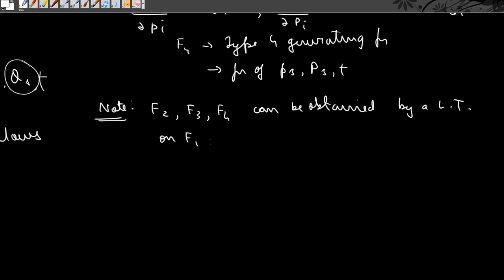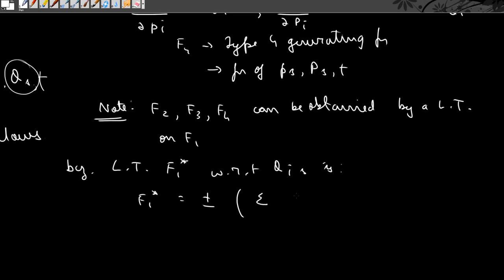Okay, now to see this, let us first perform the Legendre transform of f1, which I am going to call f1 star, with respect to the new coordinates. f1 star is equal to plus or minus summation dou f1 by dou Qi times Qi minus f1.